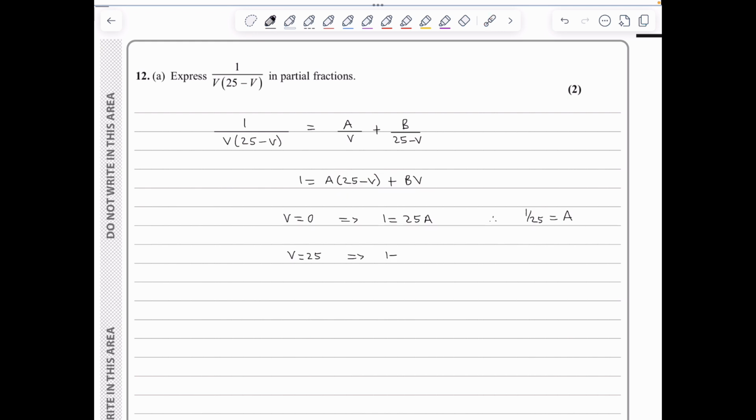So 1 is equal to 25b, and therefore 1 over 25 is the value of b. I still need to write the decomposed form. So we've got 1 over v times 25 minus v being equal to 1 over 25 over v plus 1 over 25 over 25 minus v.